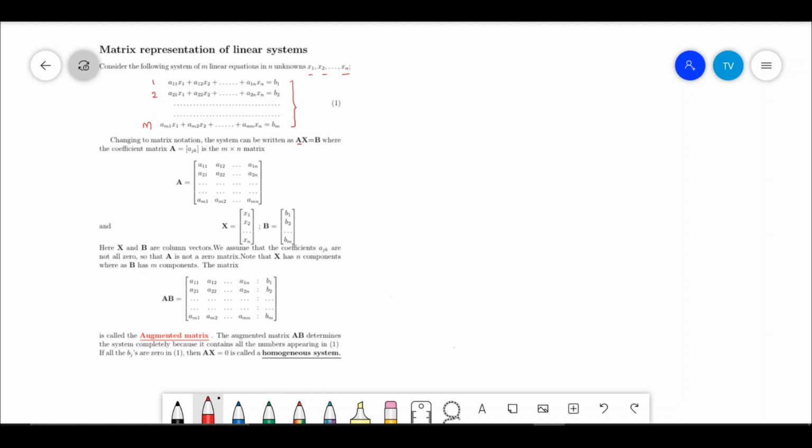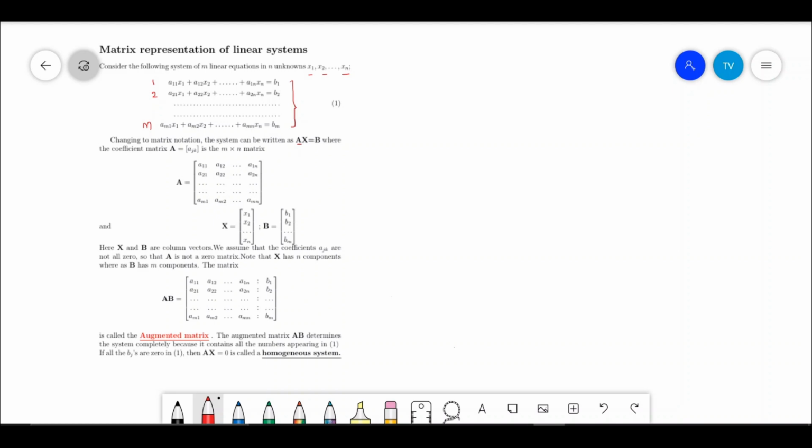There are n columns. And we have capital X equal to x1, x2, etc., xn. This is a column vector composed of the variables. And capital B is b1, b2, etc., bm, which are the right hand sides of this linear system of equations. Here capital X and capital B are column vectors.